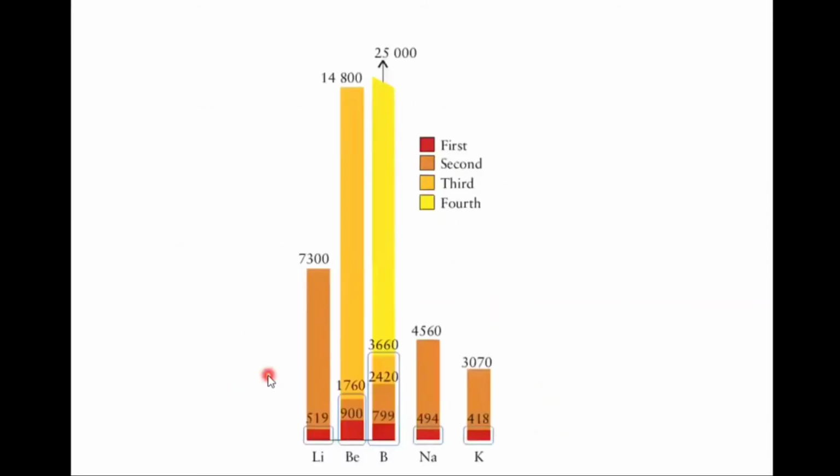This is the general trend of ionization energy for some elements. The red blocks show the first ionization energy, then this shows second, third, and fourth.